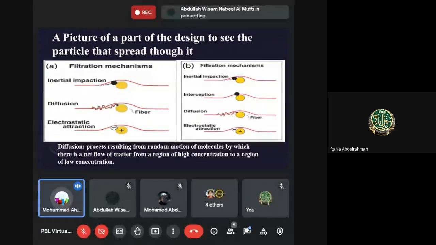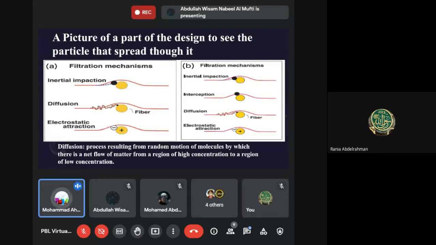Okay, so here we have the part that we used to design. We use a filtration mechanism that's really important for our model. Basically, to understand the motion of the molecules and the flow, there is more concentration when the particles move toward each other. One has electrostatic attraction, and the other also has electrostatic attraction.